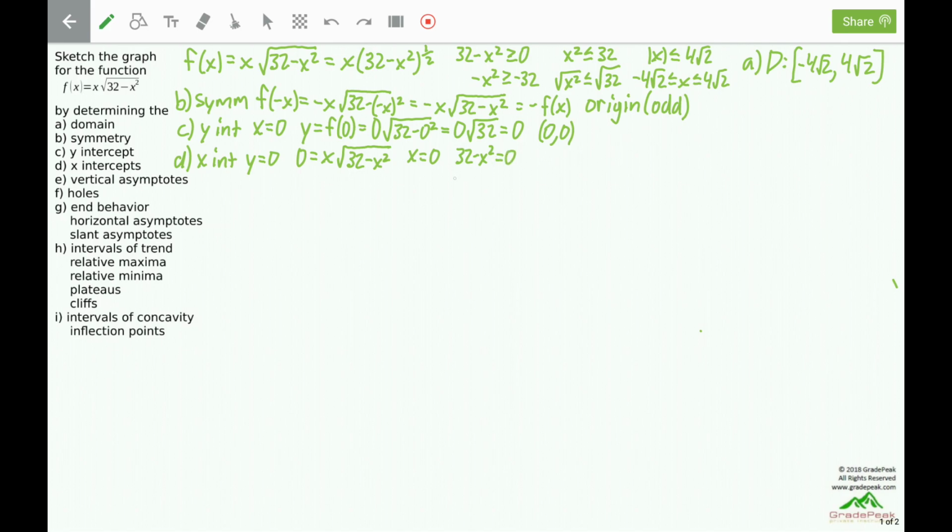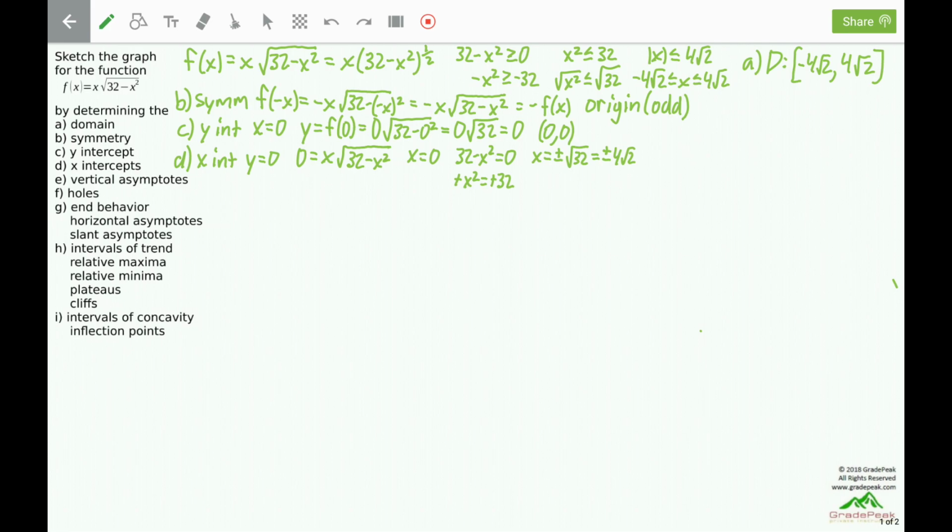We can solve for x by subtracting 32 from both sides. Dividing both sides by a negative, these will both become positive. Taking the square root of both sides, x equals plus or minus square root of 32. 32 is 16 times 2. The 16 can come out as a 4, so plus or minus 4 square roots of 2.